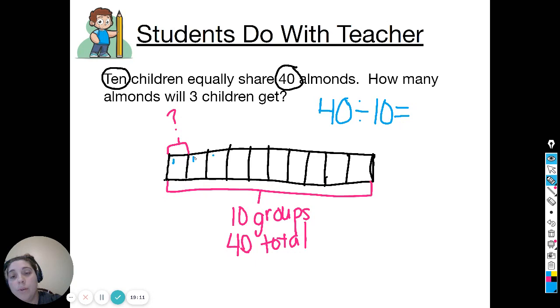1, 2, 3, 4, 5, 6, 7, 8, 9, 10. I'm at 10. I have to keep going because I haven't gotten to 40 yet. So I'm going to go back to the beginning and continue counting. 11, 12, 13, 14, 15, 16, 17, 18, 19, 20, 21, 22, 23, 24, 25, 26, 27, 28, 29, 30.